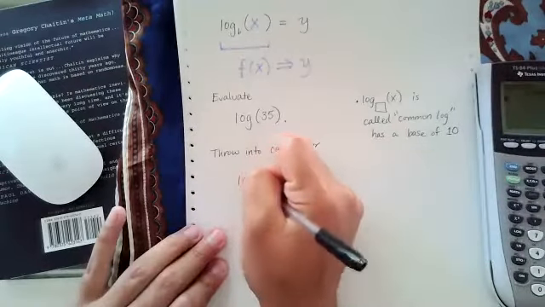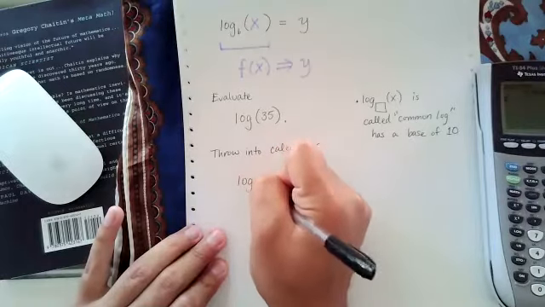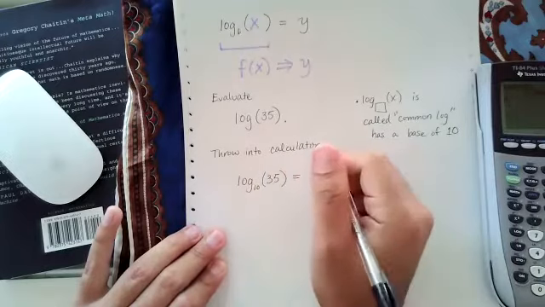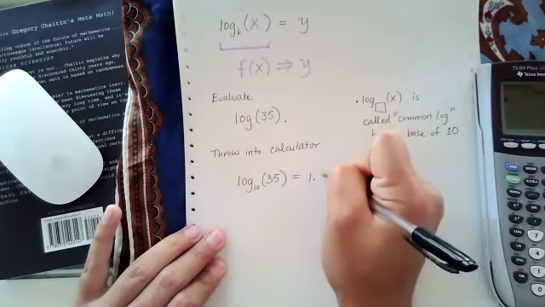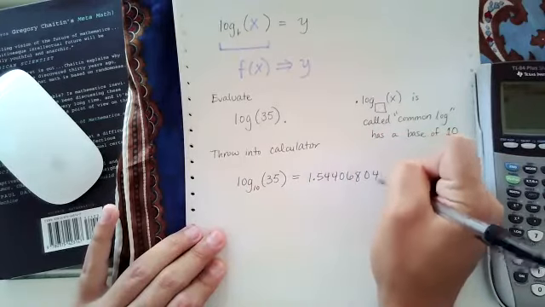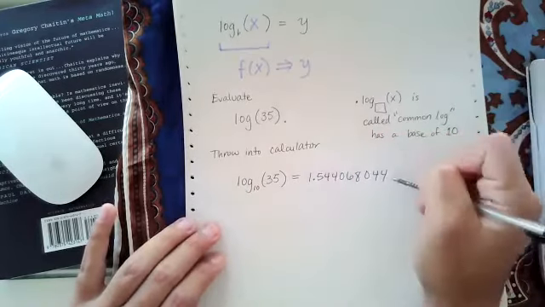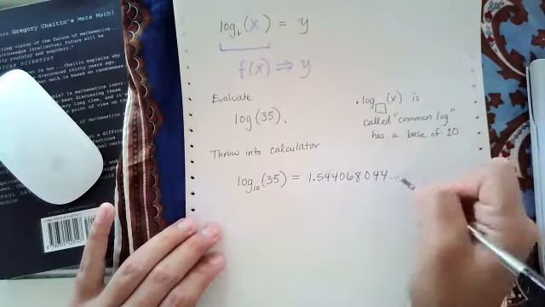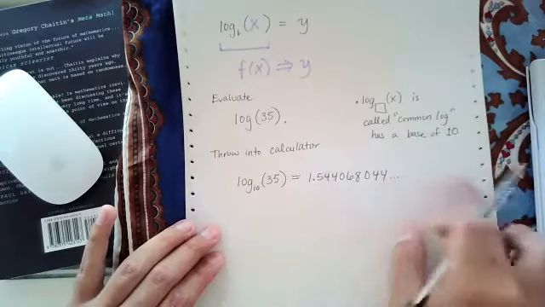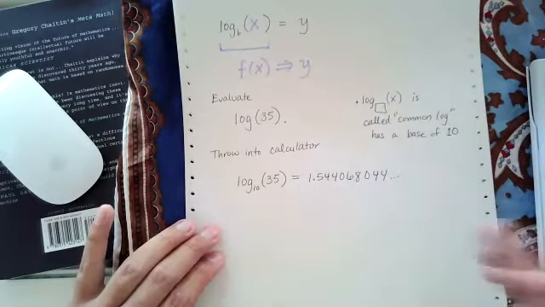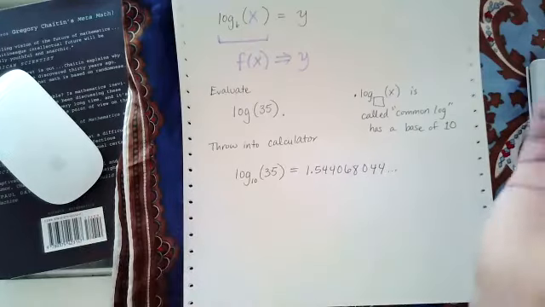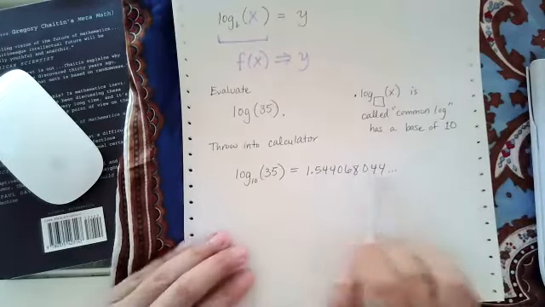So we could say log base 10 of 35 is equal to 1.544068044. And technically this number continues. Again, the calculator has a finite memory, so it just can't simply spit out an infinite number of decimal values. So it stops here at about 8 decimal places. But in any case, this is close enough for government work.